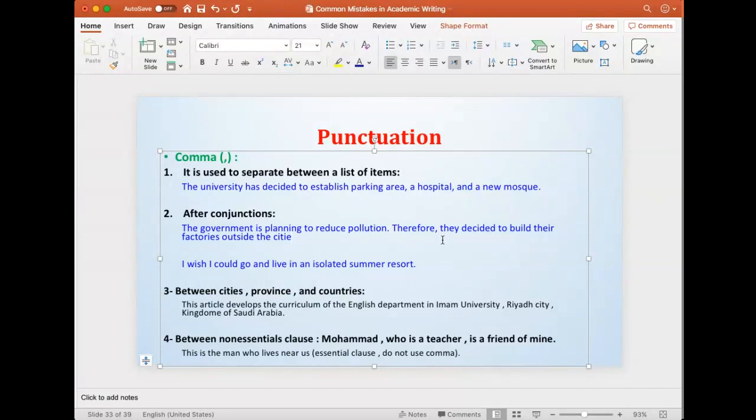So here we put it after conjunctions. I wish I could go and live in an isolated summer resort. This is, I think, a missing one. Anyways, this is an example.